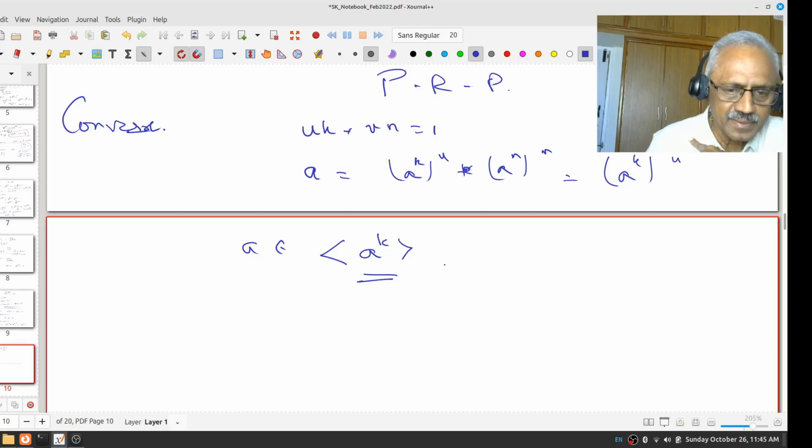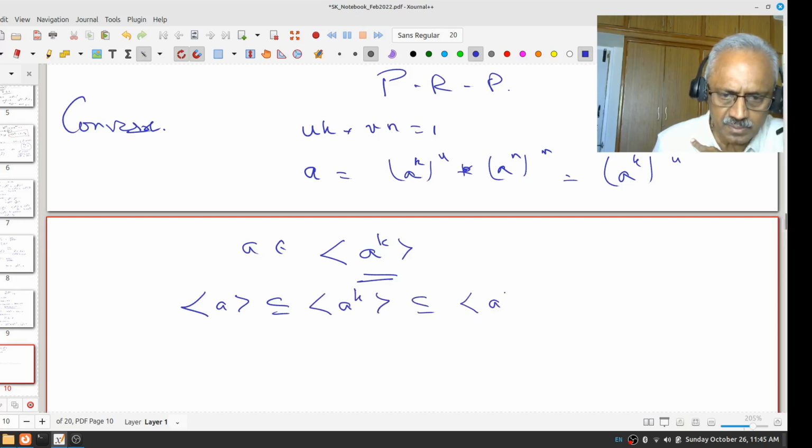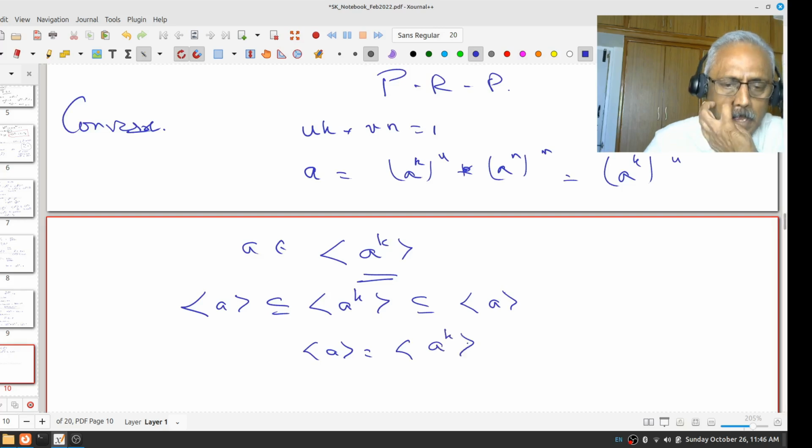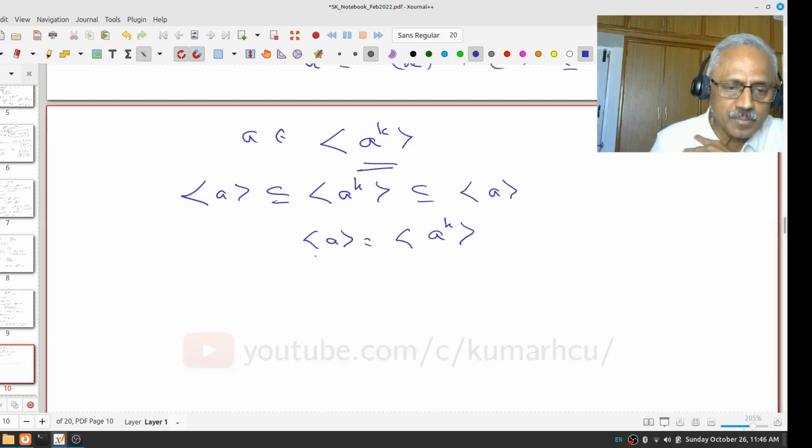Therefore the cyclic subgroup generated by a is contained in the cyclic subgroup generated by a to the power k, but that's already contained in the cyclic. Therefore, these two are equal, and hence the number of elements here is the same as the number of elements here. That means the order of a equals the order of a to the power k.